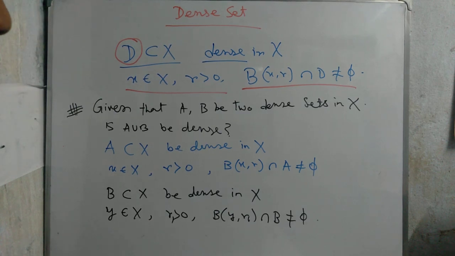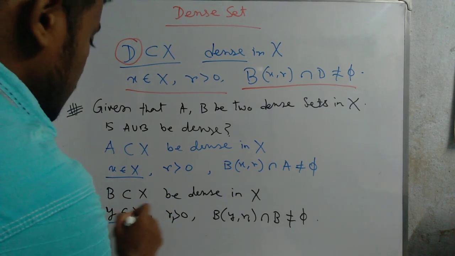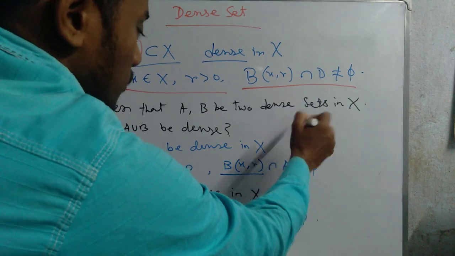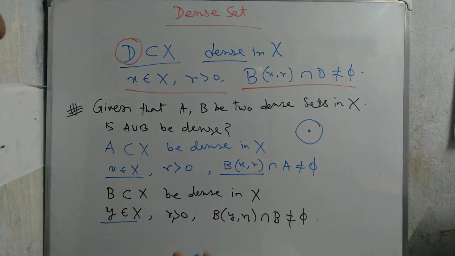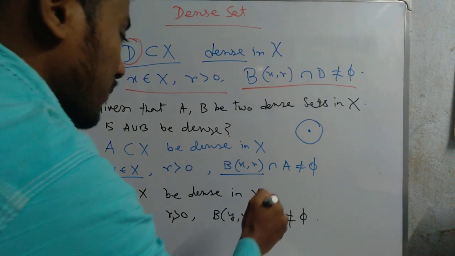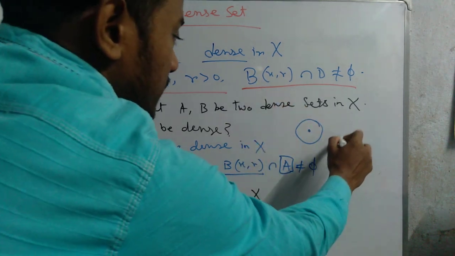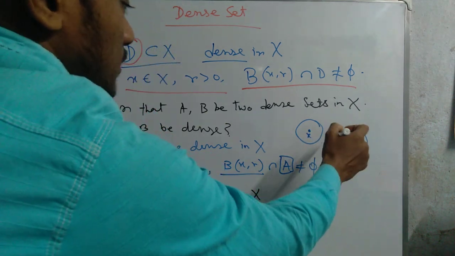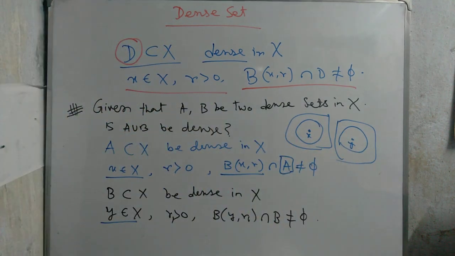That means if any point belongs to X, then we create some neighborhood or ball around this point, and this intersection A is not equal to empty set. If it is set B and any point y, and we create a ball, then the intersection is not equal to empty set.